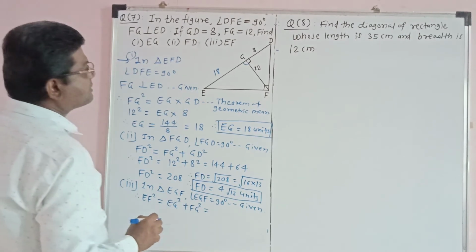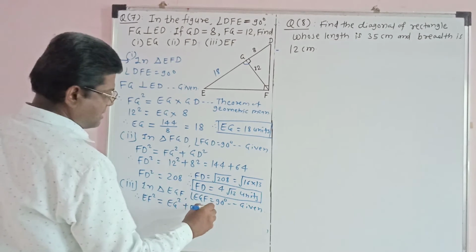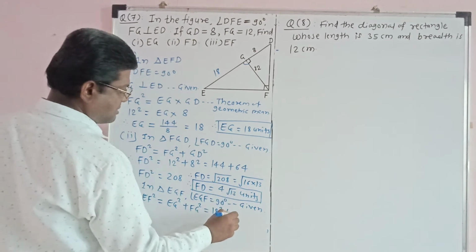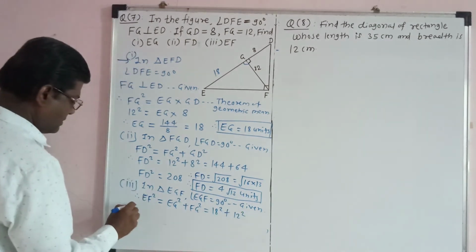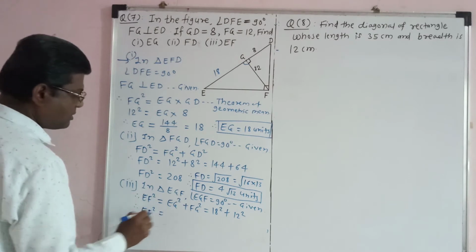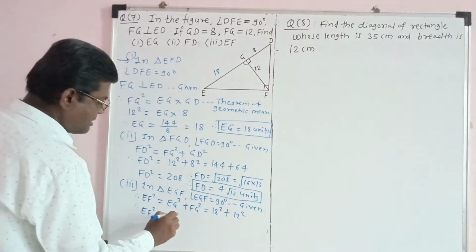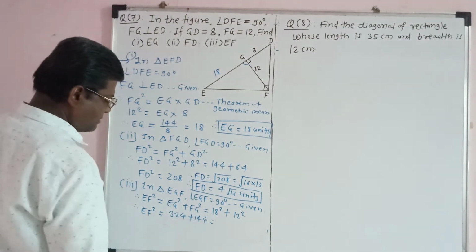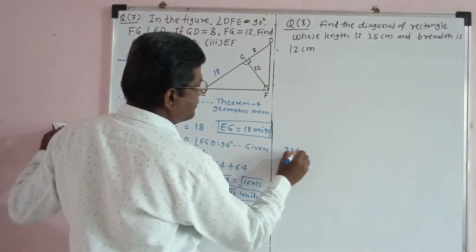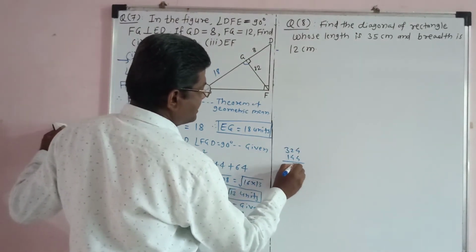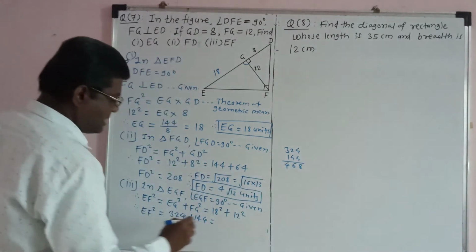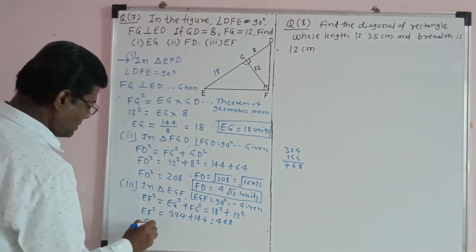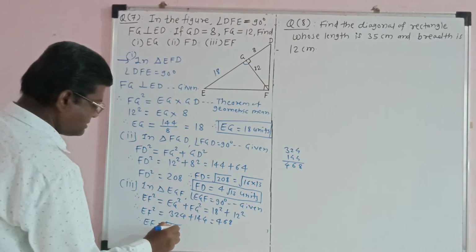Now EG is 18 square plus FG is 12 square. Therefore EF square is equal to 18 square is 324 plus 12 square is 144, is equal to 324 plus 144. This will be 468. Therefore EF is equal to square root of 468.